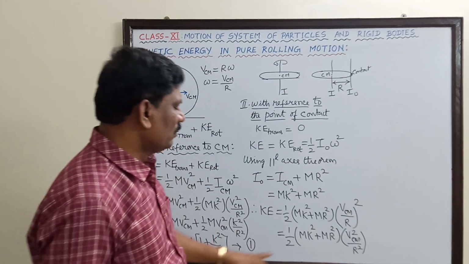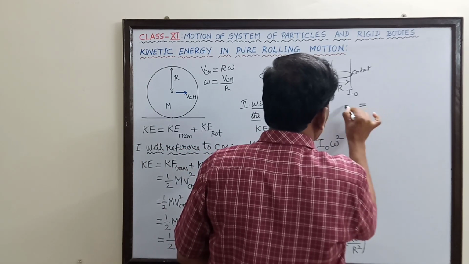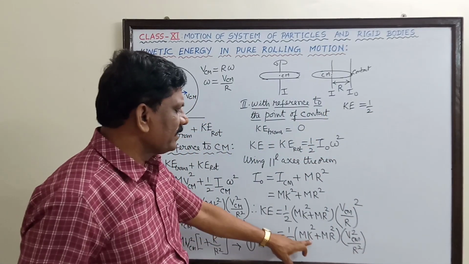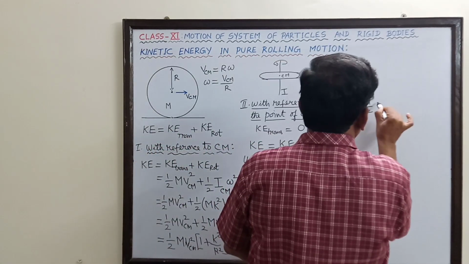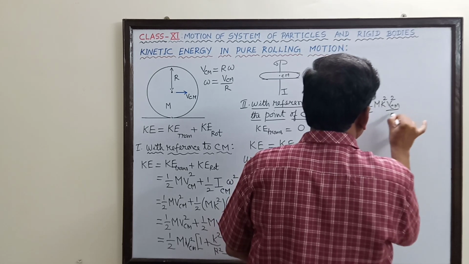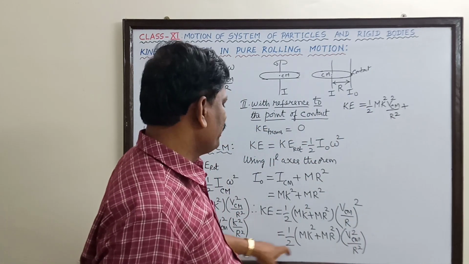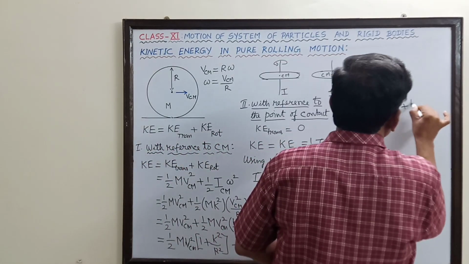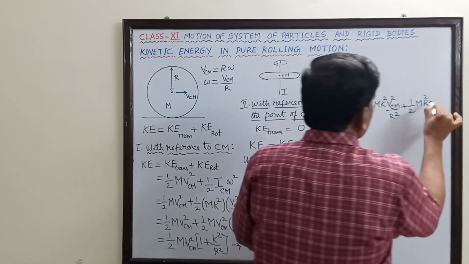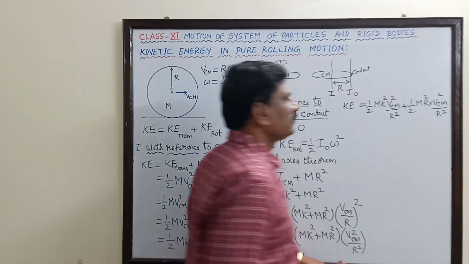Now half I will take as a common factor. So the total kinetic energy is equal to half mk square into v square CM by r square, plus half mr square into v square CM divided by r square.